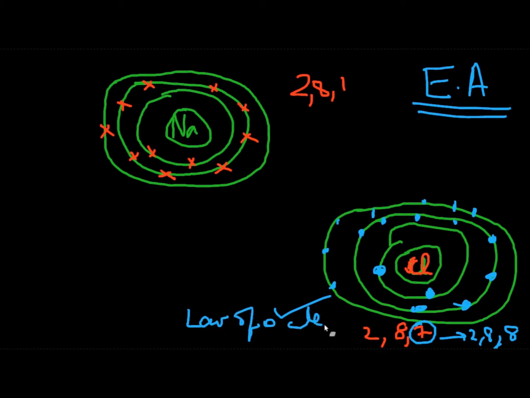Now, we already covered this in the chapter on chemical bonding, in case you don't really know what this means. This is basically a law of chemical bonding to gain stability in atoms. Unstable atoms want to attain stability, and they can only do it by two means: by fulfilling the law of duplet or law of octet. In the law of octet, if they have 8 electrons in the valence shell, then we consider it to be a stable configuration.